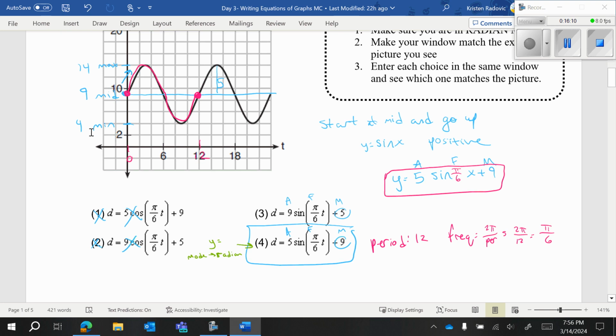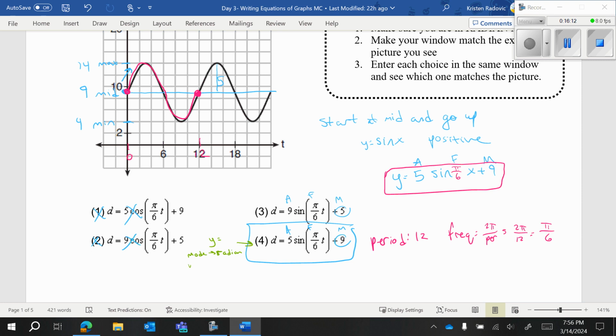And then you have to change your window. Under the window button, you are going to have to choose an X min, X max, Y min, and Y max. We have done this before. So your minimum X value here is X equals 0. Here is where you end.